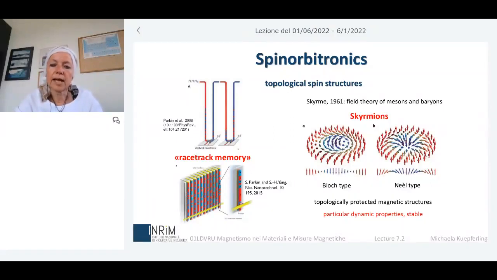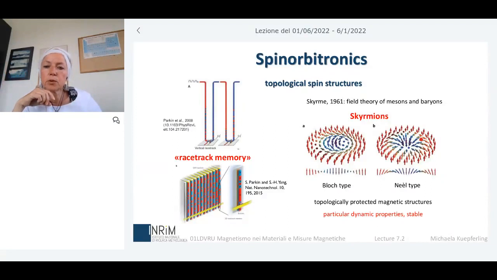And this will help you to create not uniformly magnetized structures, but chiral structures. The advantage of such chiral structures, as for example are shown here, these skyrmions, so these are very strange kinds of vortices, let's say, magnetic vortices, is that they have a different magnetic dynamic behavior.